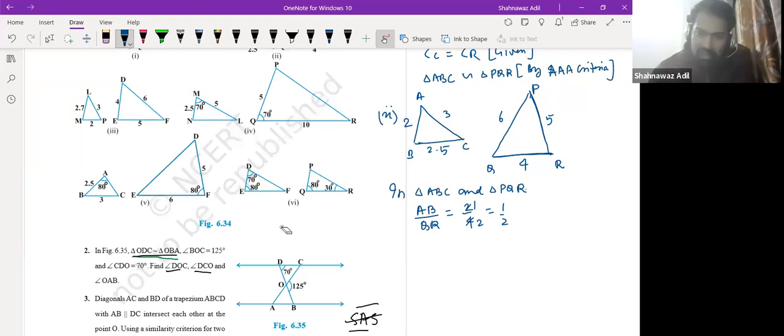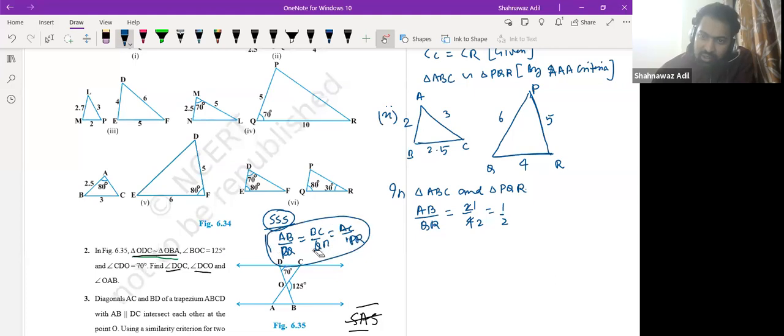In the SSS similarity criteria, the criteria is that AB by PQ, BC by QR, and AC by PR. So all these ratios should be the same, right? But you are saying that if I choose AB by PQ, what would be the ratio?